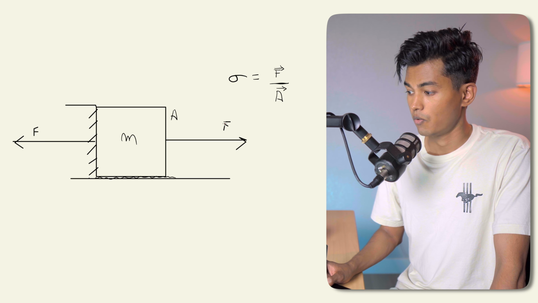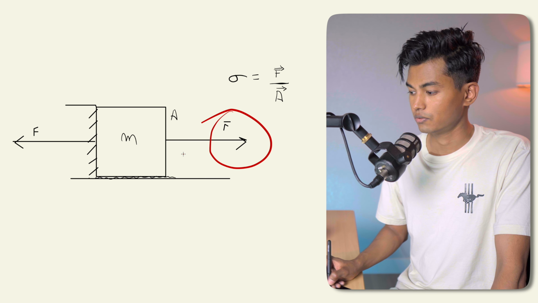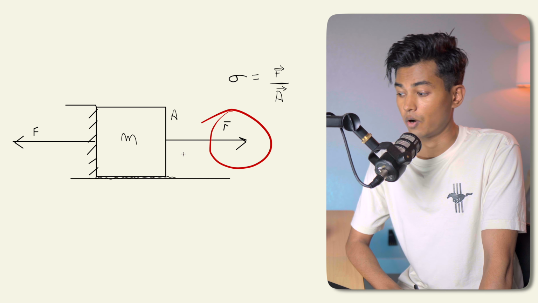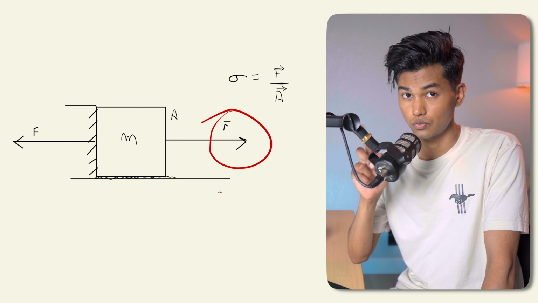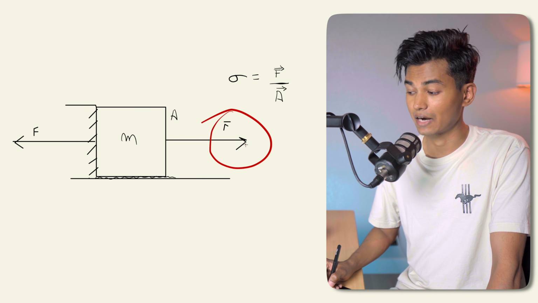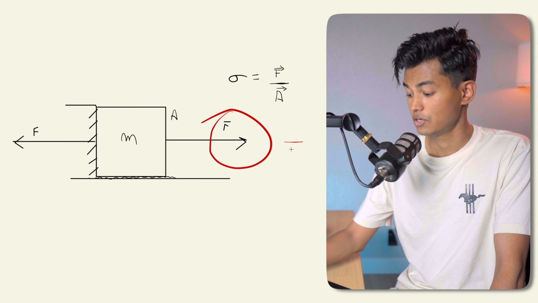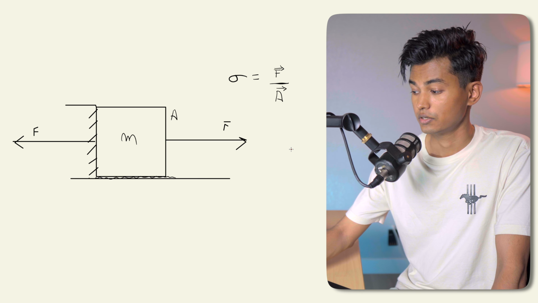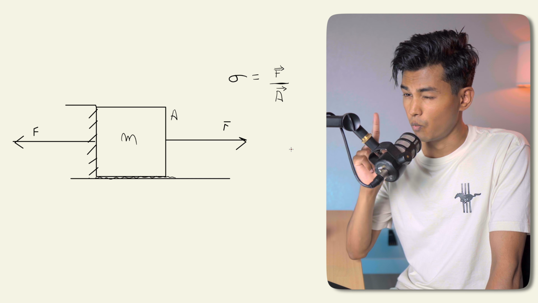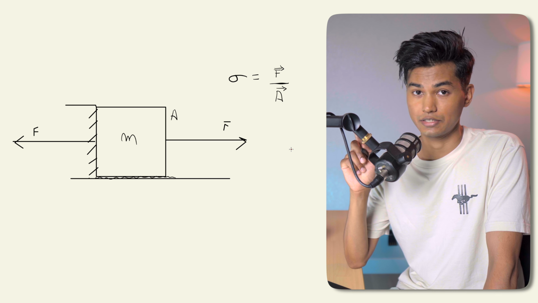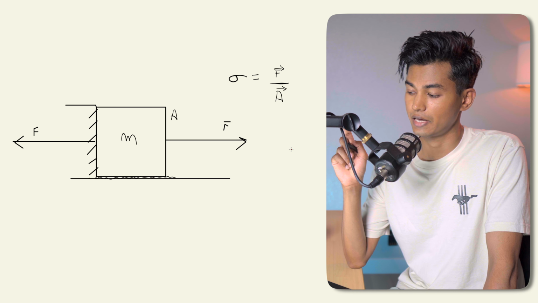For example, when I tried to explain it to you, this force is acting on this body. Didn't I give you two quantities? I told you that the magnitude is F, and I also told you that the direction is this. So a force is a vector. Very few people actually pay attention, at least at a very preliminary stage, that area is also a vector.